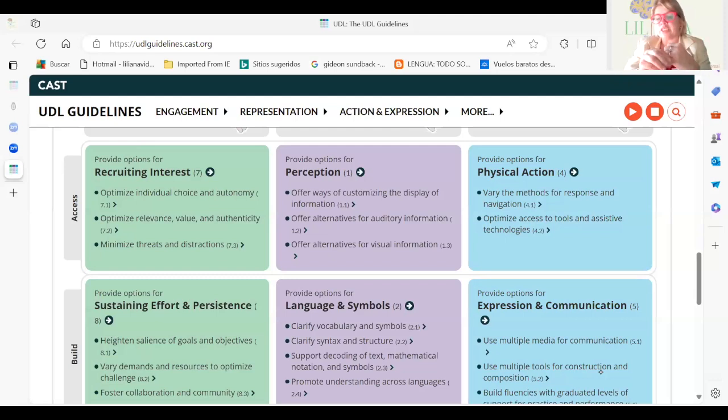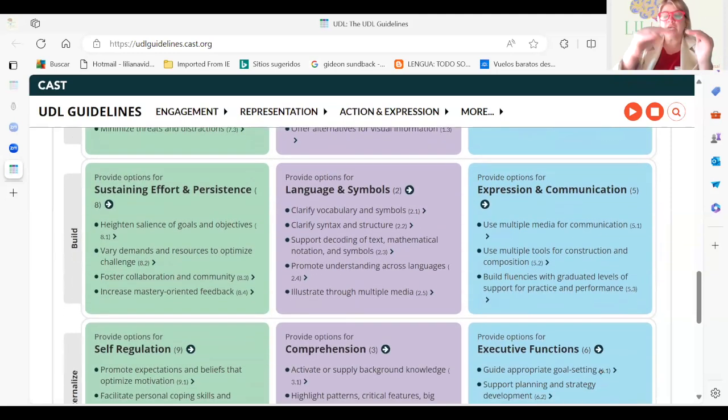Or, for example, as in the case that we were talking about, passive voice structure. If you see here in the second part, it says provide options for language and symbols, clarify vocabulary and symbols, clarify sentence and structure. Think about, for example, a class where you are teaching food and you want to teach a recipe, and the recipe can be full of new vocabulary and symbols, kilogram, pound.